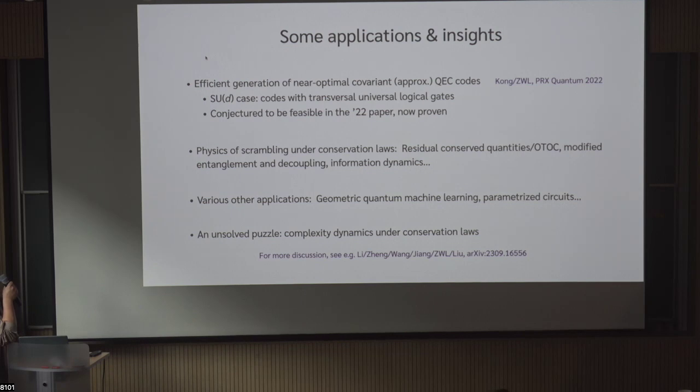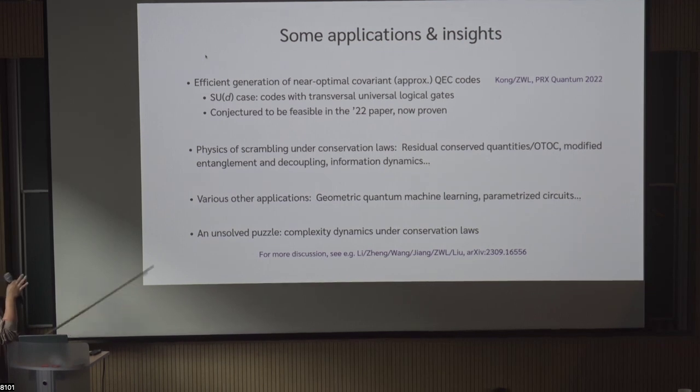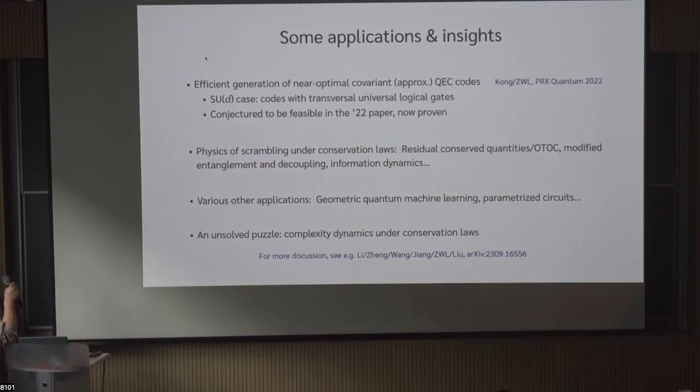But you might say that it is contradictory to the Eastin-Knill theorem. So this is actually an approximate code. Okay, so here we have this code with transversal universal gates, so it's better in terms of fault tolerance on this aspect, but it's not an exact code. So it will be very interesting to investigate these kinds of trade-offs in fault tolerance implementation.